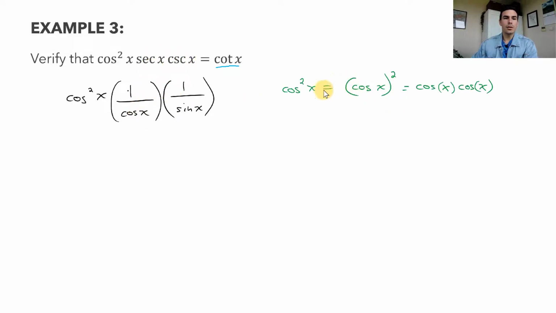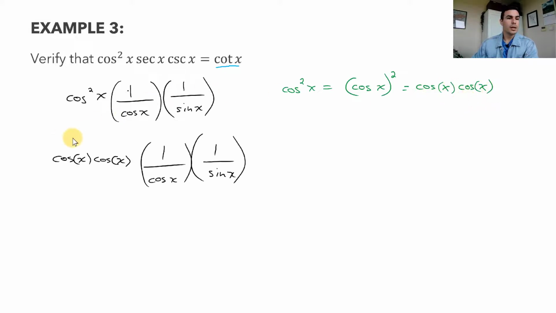Now, keep in mind, cosine squared x is another way of writing cosine x quantity squared. And cosine x quantity squared is the same thing as cosine x times cosine x, right? So I've got two cosine x's being multiplied together here. So I'm going to rewrite it like this, kind of just getting the long way to this simplification, but hopefully you can see now that these two cosine x's would cancel out, right?